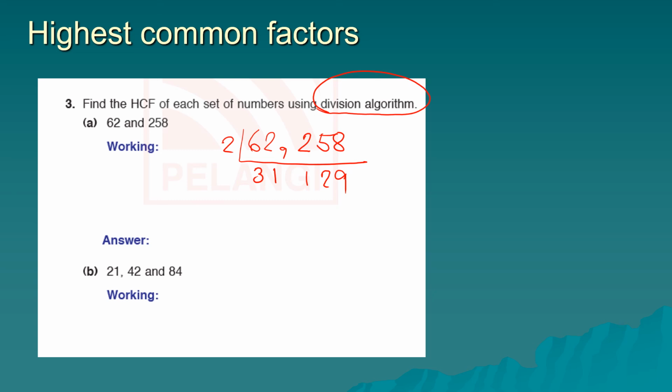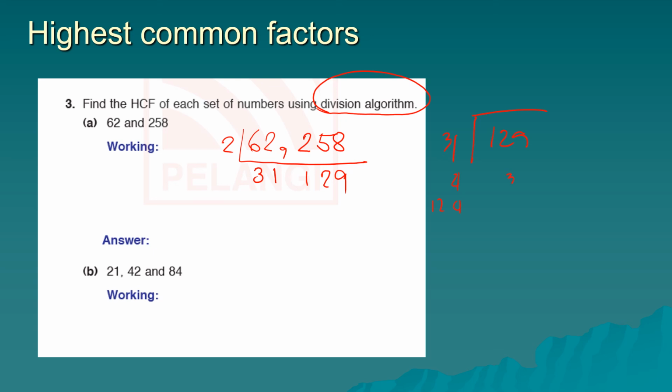Now, let's try. Can we divide 129 by 31? If we use 4, that would be 124.